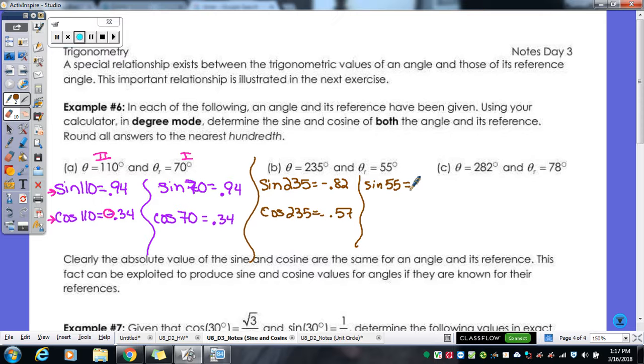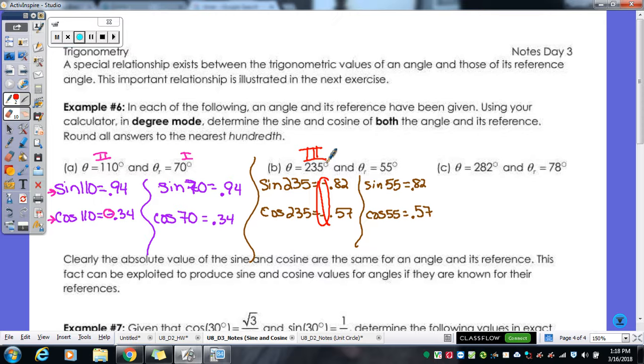So 55, sine of 55 is 0.82, and cosine of 55 is 0.57. So again, the only thing that's different is that for 235 your values are negative, because remember, this is in quadrant 3, where both sine and cosine are negative. Your reference angle being in quadrant 1, both are positive.